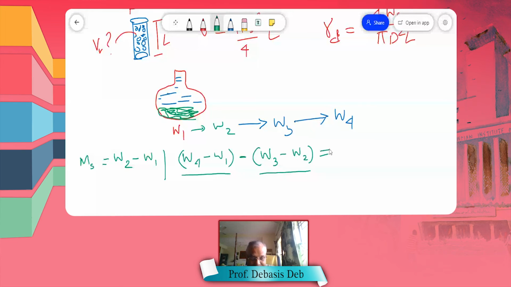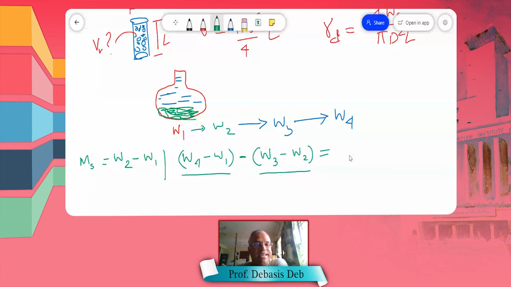In that solid volume, whatever space it has occupied, if water is filled in that particular volume, then how much will be its weight?